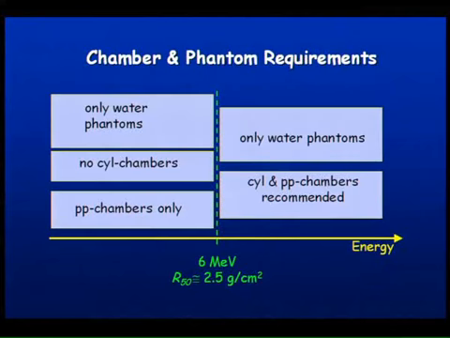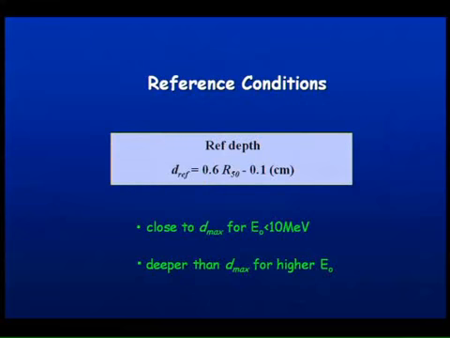The protocol tells you that for energies less than 6 MeV, you must use a plane parallel chamber. No cylindrical chambers are allowed. As I mentioned, only water phantoms are allowed. But for energies less than 10 MeV, it recommends that you can use both cylindrical and plane parallel chambers. At higher energy, cylindrical chambers are recommended.